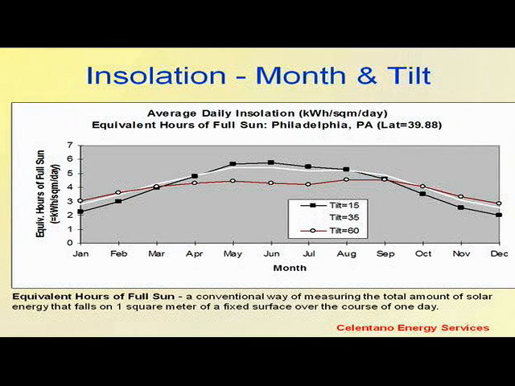If you have it at this happy median of 35 degrees, what you find is you're really only losing a little bit during the winter compared to the winter optimizing tilt, and you're only losing a little bit compared to the summer optimizing tilt. And so for the year as a whole, that is your best bet.